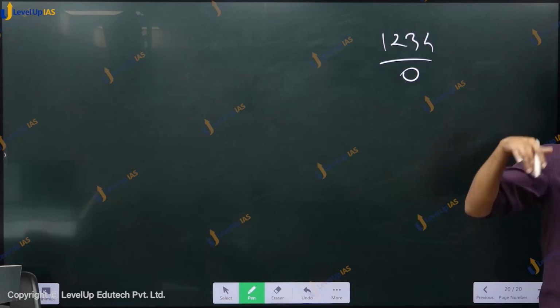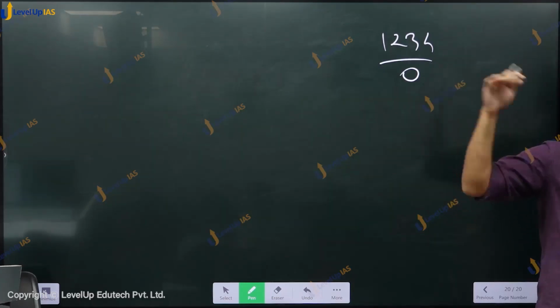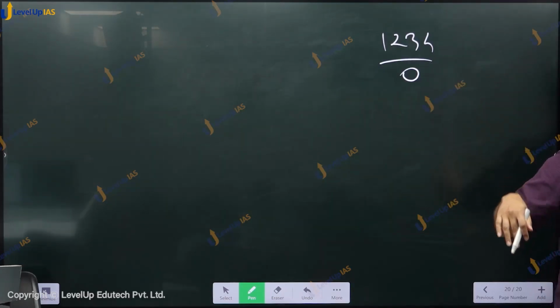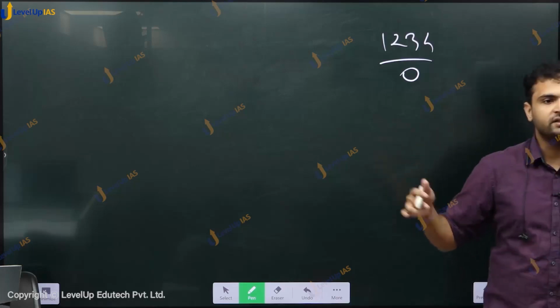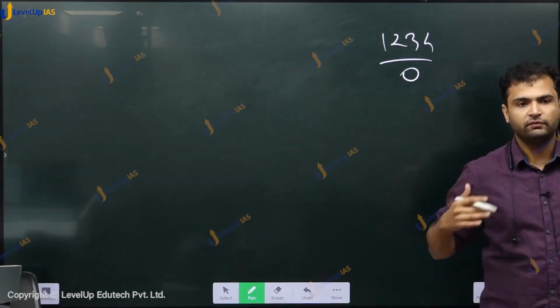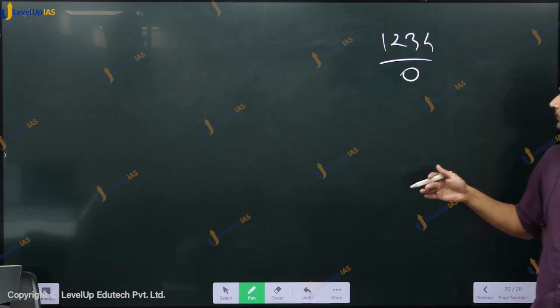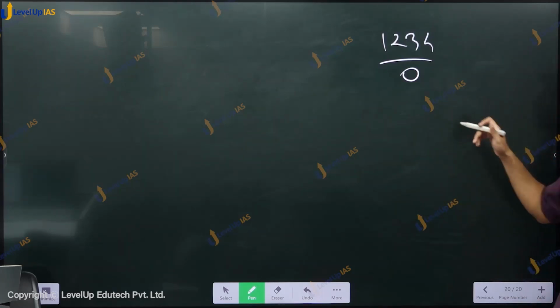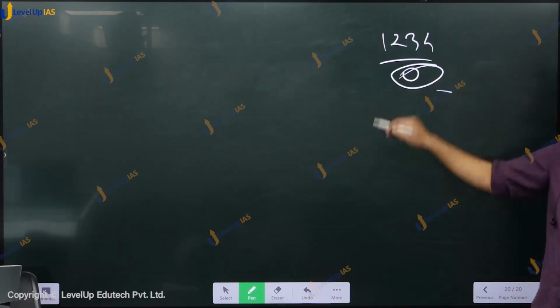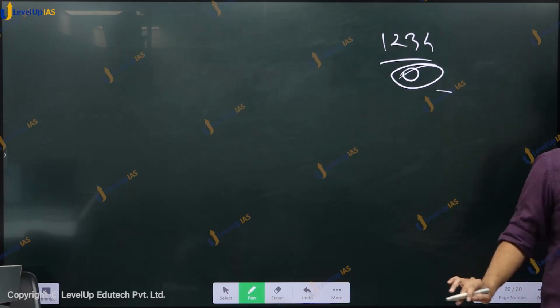There are different levels of infinity, so one infinity is bigger than another infinity. It is called cardinality. There is an entire theory of infinities developed by mathematician Cantor. Anyway, any number divided by 0 is not defined.